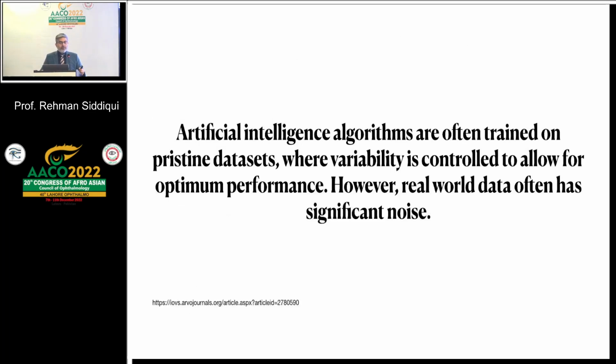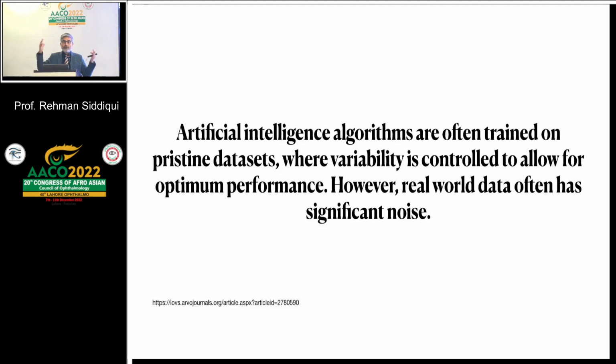One thing to remember is that AI models are sometimes trained on well-curated data sets. The doctors look at everything, the image is perfect, the lighting is perfect, the quality is perfect. But in the real world, this is not what is happening, and that's why there is underperformance.